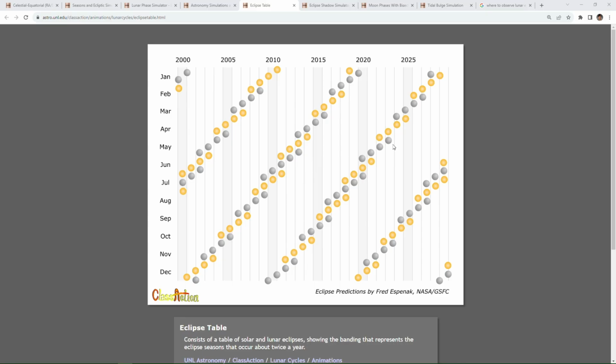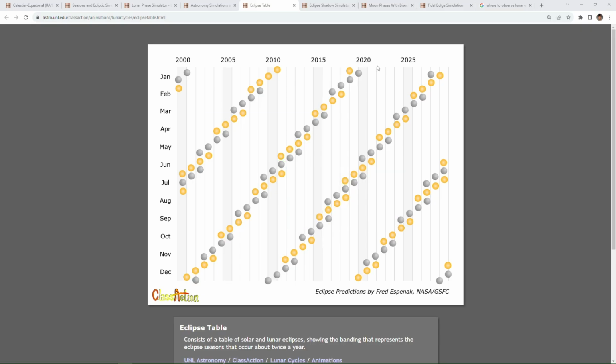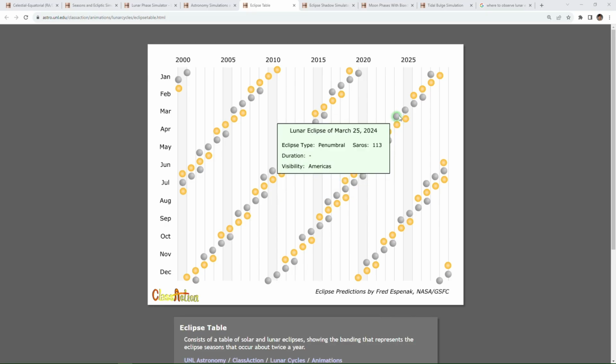If you take a look at this calendar, this is basically the solar eclipse. The darker one is the lunar eclipse. You can see it gives you a prediction of what time we're able to observe the solar eclipse and the lunar eclipse. The closest one is about to happen around 2024.